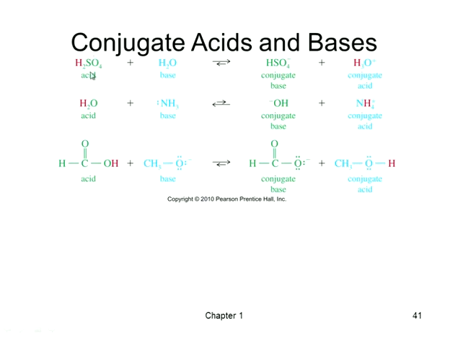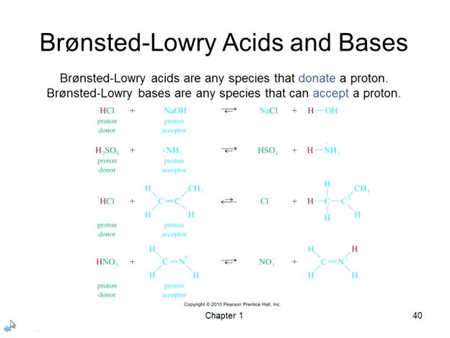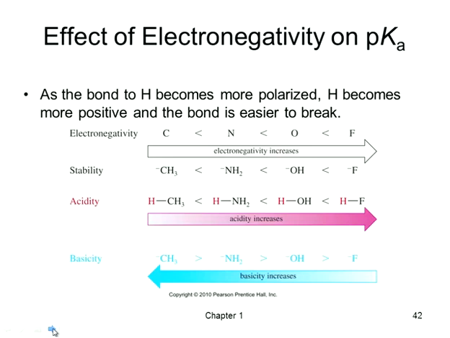Over here it's the acid, so over on the other side would be the conjugate base. And they always reverse roles like that. So if your water is the base, on the other side it's the conjugate acid. And they're always different by one hydrogen. So that's how we define acids and bases. Okay? Acid loses hydrogen, base gains it.